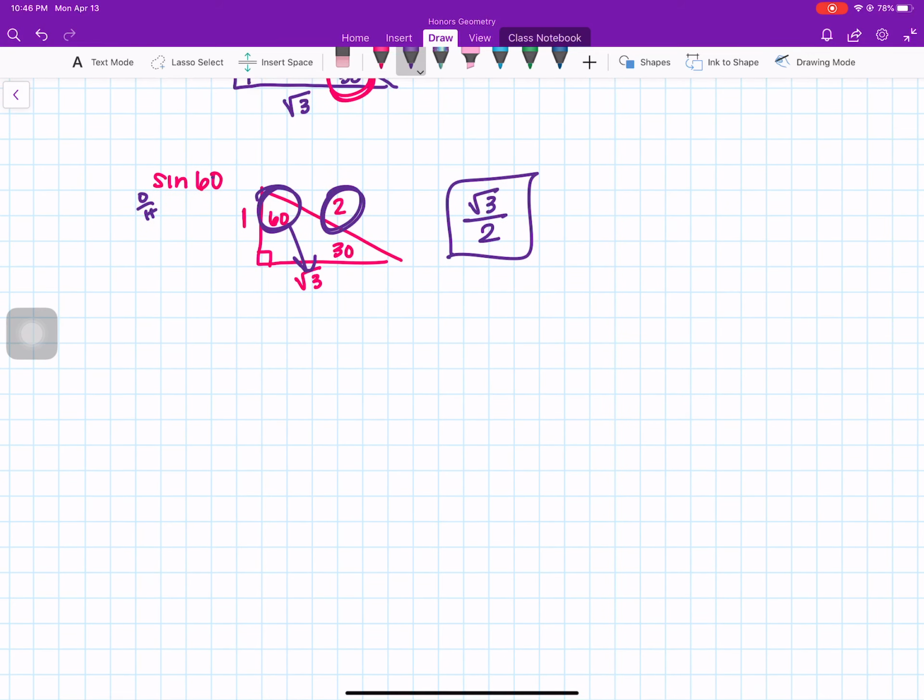What if I asked you for the tangent of 45? Well, this isn't a 30, 60, 90 triangle. This would be a 45, 45, 90 triangle. And in a 45, 45, 90 triangle, the sides go 1, 1, and root 2.